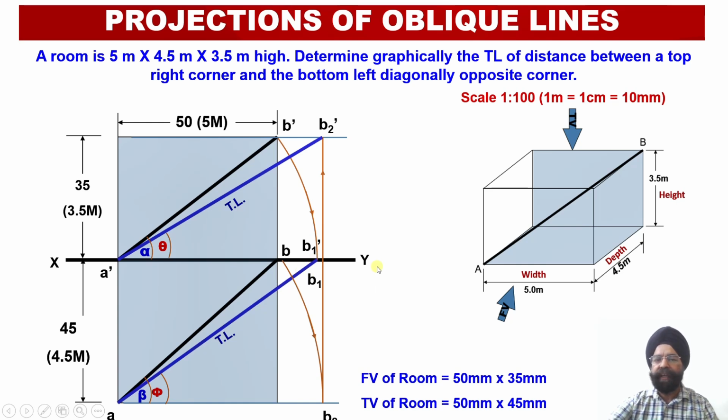This way we have been able to evaluate the true length of this particular line AB, and we have been able to ensure that A dash B2 dash must be equal to AB1. Once we obtain these two true lengths to be equal, it means that the procedure that we have followed in order to evaluate the true length of this particular shortest distance between the diagonally opposite corners is correct.